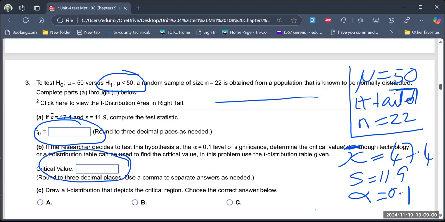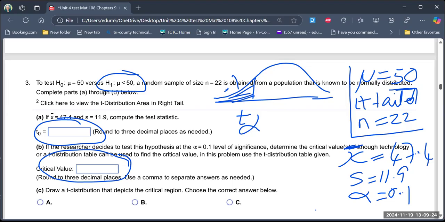Okay, so I am going to draw a normal curve showing that it's a one-tail left test, and area to the left is 10%, 0.1, and I'm looking for t alpha, which means I'm not going to divide alpha by 2, because it's a left tail test.